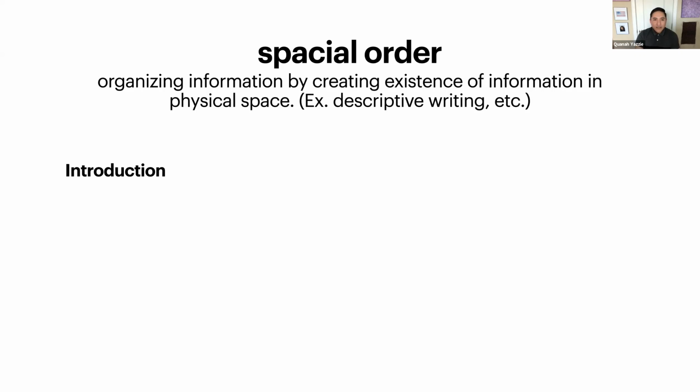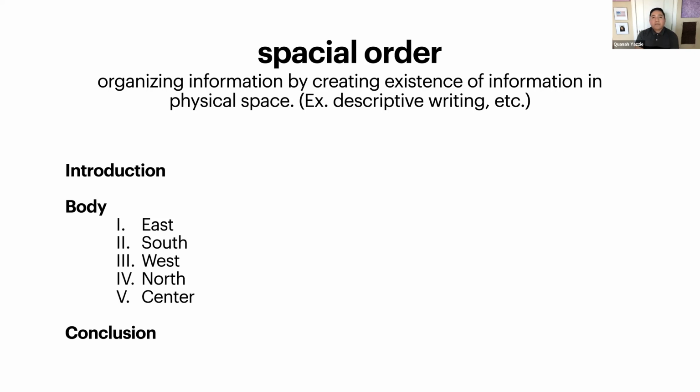So as an example of spatial order, if we were to explain, let's say, geographical locations on the navigation, and just thinking off the top of my head, east, south, west, north, center, and so forth, just thinking of the way of our Diné paradigms, we always start from the east and then go all the way around to the southwest and then north and then come back to the center.